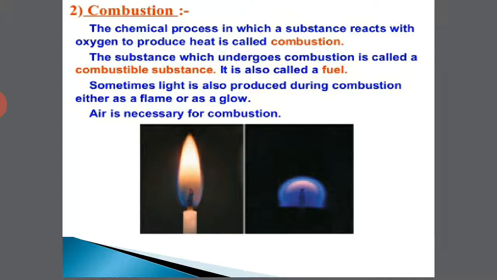It is also known as fuel, and we studied some examples of combustible substances: wood, charcoal, LPG, CNG, petrol, diesel. Okay, sometimes light is also produced during combustion, either as a flame or as a glow.